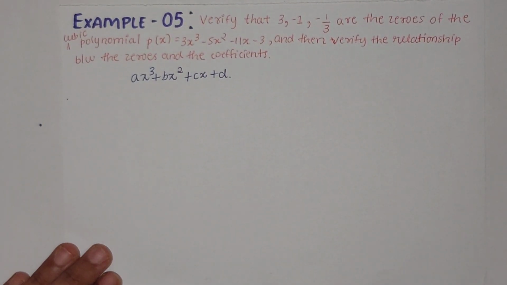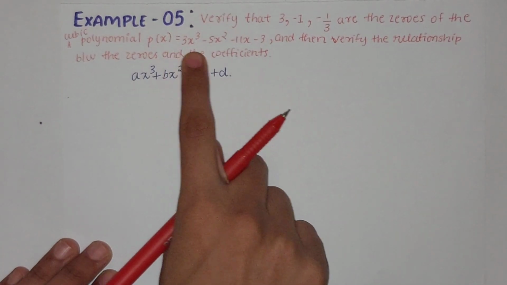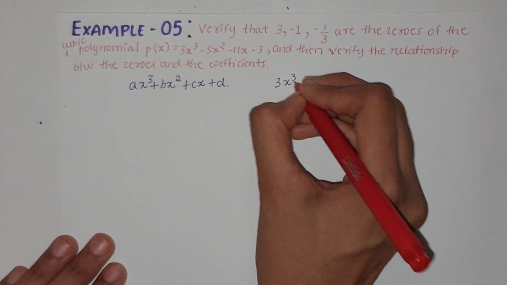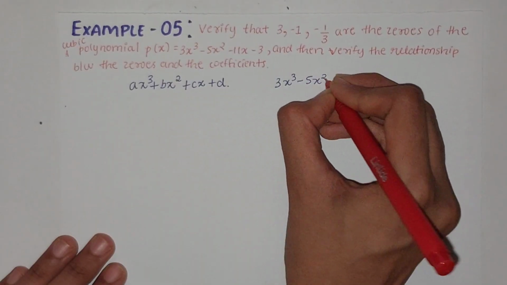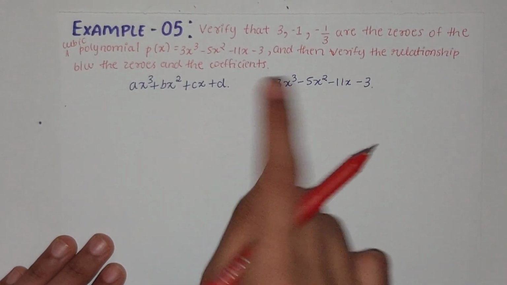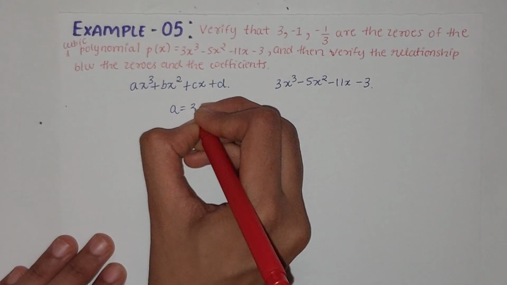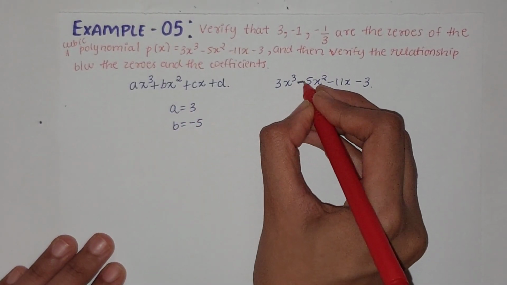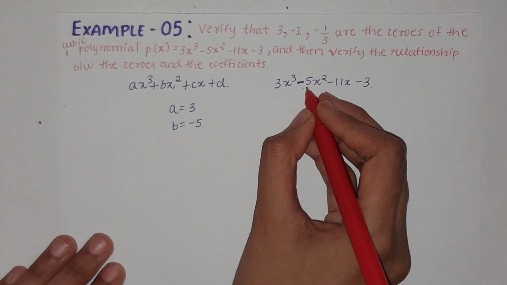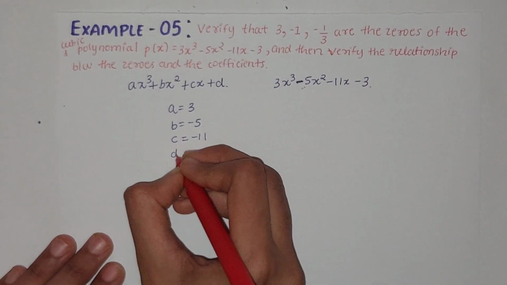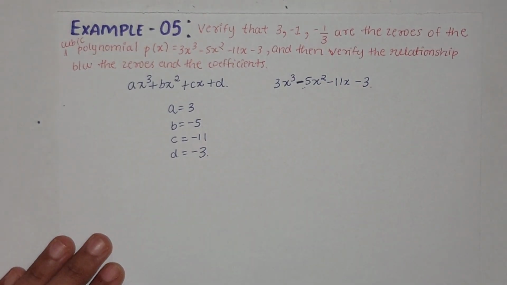Now the given polynomial: 3x cube minus 5x square minus 11x minus 3. From here, a is equal to 3, b is equal to minus 5, remember I'm writing with sign, c is equal to minus 11, d is equal to minus 3.